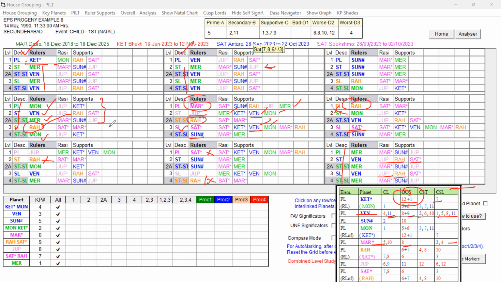I have given such points in the rules, all these things. How the Antara, which is not strong enough to act as the Bhukti lord, can give its result during its Antara under the favorable Bhukti.